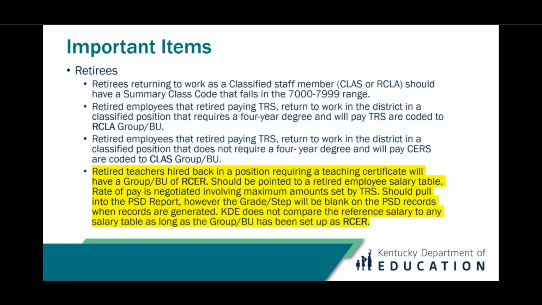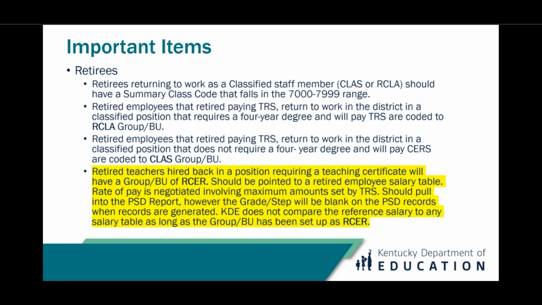They should pull into the PSD report. However, the grading step will be blank on the PSD records when records are generated. KDE will not compare the reference salary to any salary table as long as that group BU has been set to RCER. And there were questions about how they were setting up the salary tables at CASBO in regards to retirees in this instance.